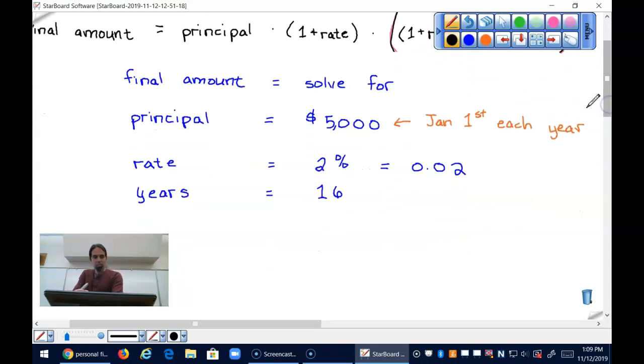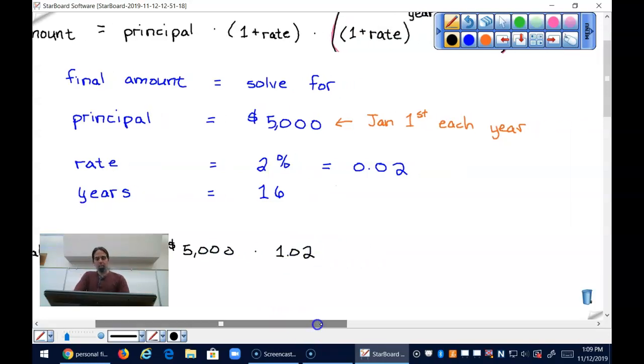So we plug it in. The first 1 plus rate is just a 1.02. Now I will need to do times and a parenthesis.